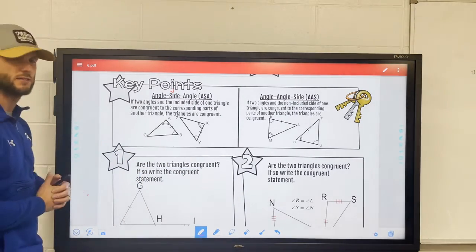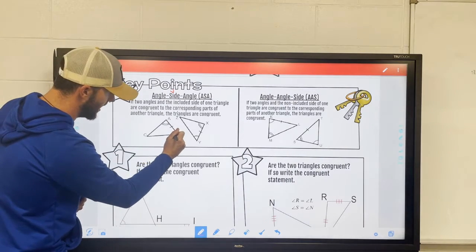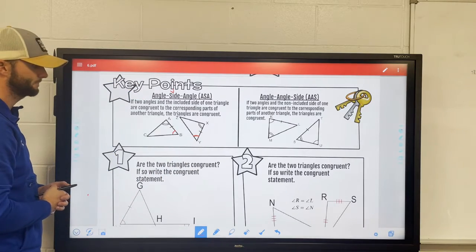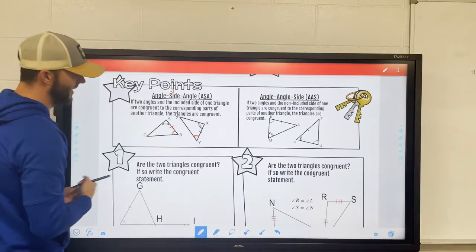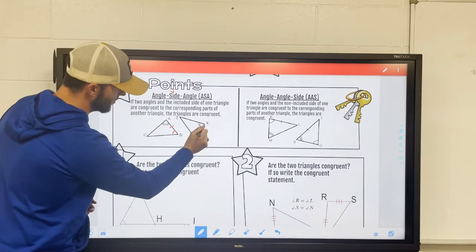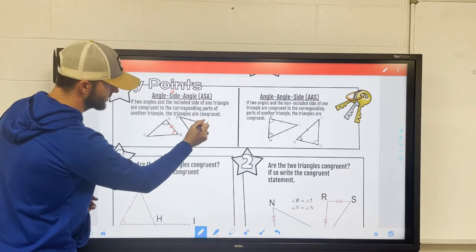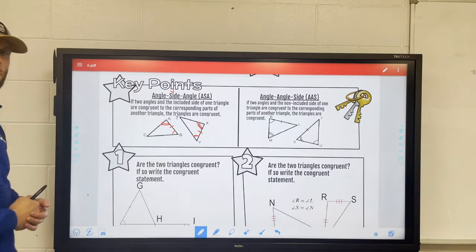So let's look at this. Right now I have angle B here. It looks like it has one little notch. Angle Y down here has one notch. Side AB has one line, XY has one line, and angle X has two marks, and angle A has two marks. So those are all corresponding to each other.